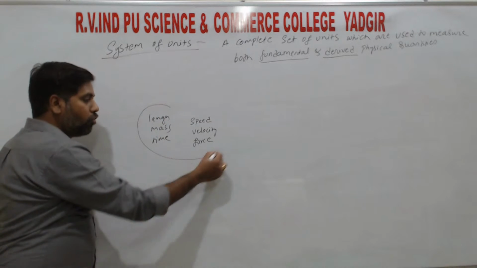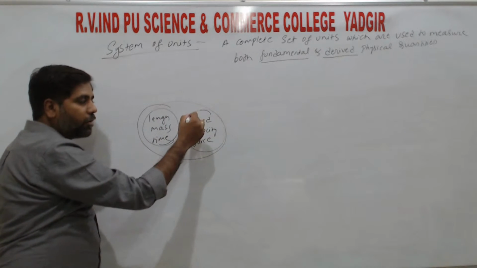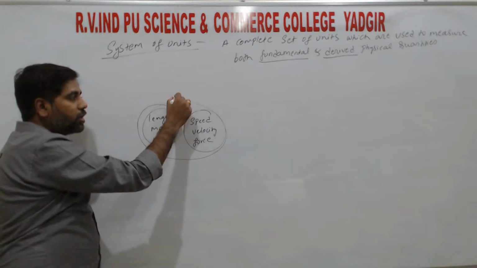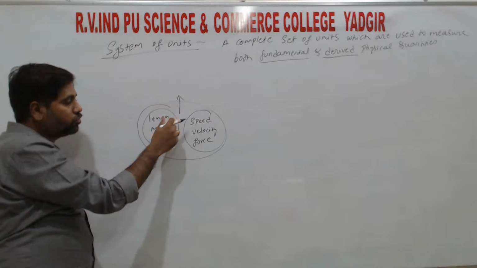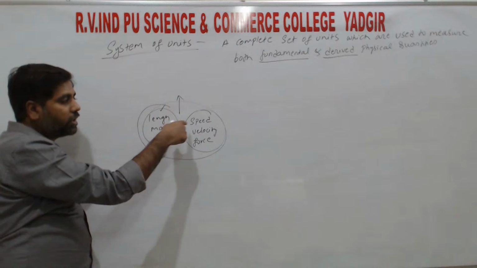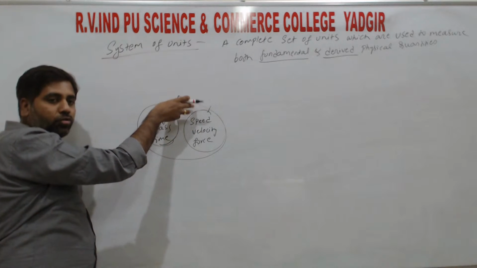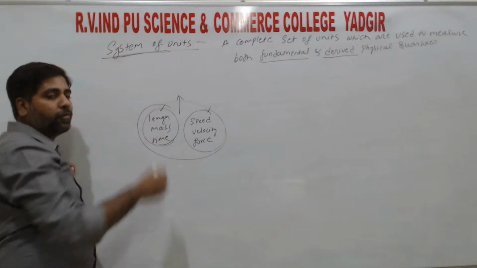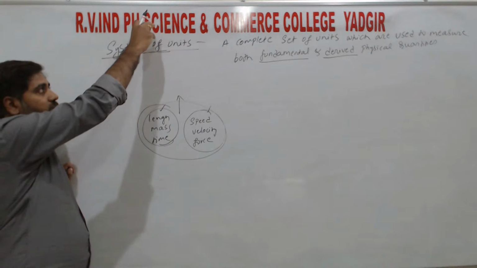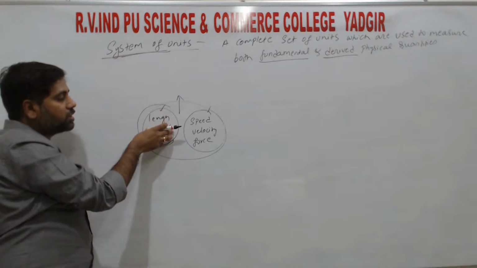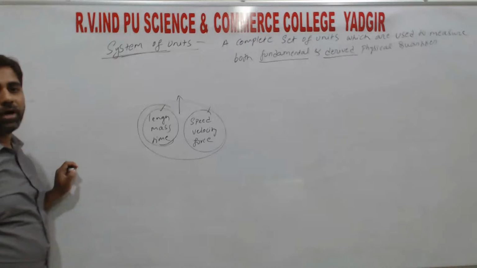So to measure the fundamental physical quantities along with the derived physical quantities, we use units. That means a complete set of units which are used to measure the fundamental physical quantities along with the derived physical quantities. That combined set of units is what we call a system of units, right.